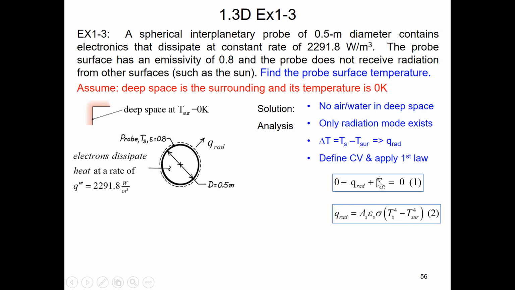However, we don't have any equation for energy generation. How do we get this value? Let's go back to our system. You may have noticed that heat rate per unit of volume is given within the system.